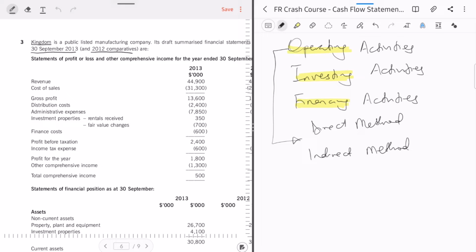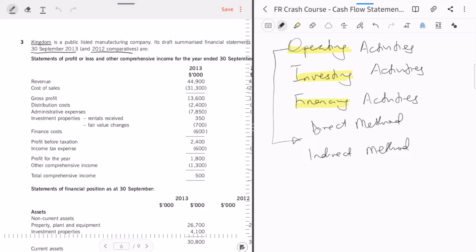One last thing to mention before we start the question is that examiners over the years have 99.9% of the time asked students to prepare cash flow using the indirect method. I'm yet to see an exam where the question said prepare using direct.